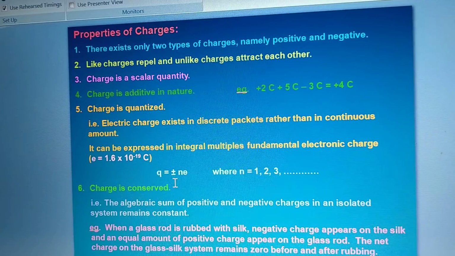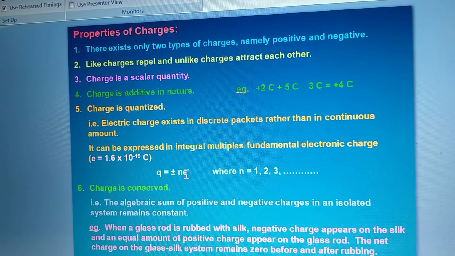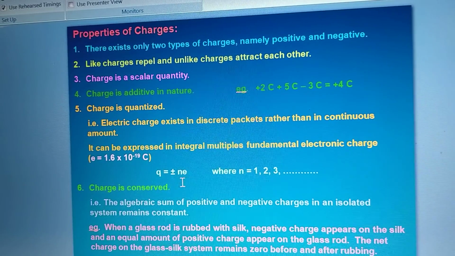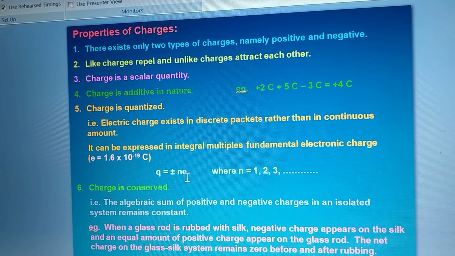Q equals plus or minus Ne, where N is any integer and e is the fundamental unit of charge.